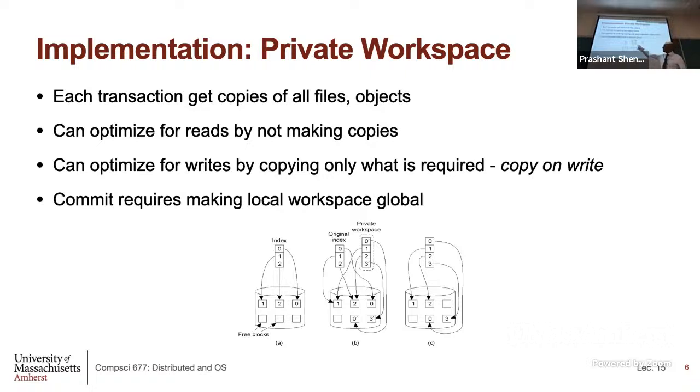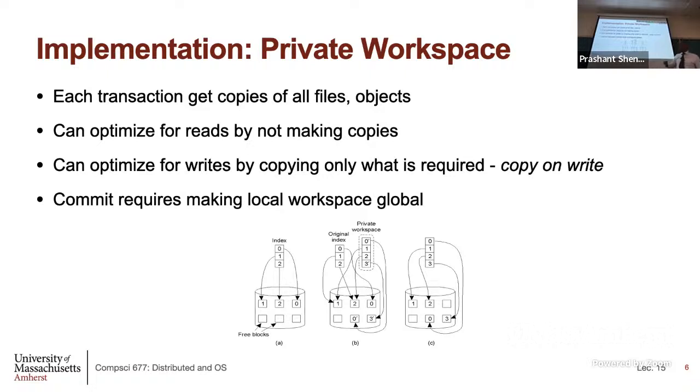So in any case, this is the private workspace making changes. And now if the database transaction wants to commit, you have to merge the changes, which means that 0 prime and 3 prime have to go back to the original database. So you will see now that the original database index has block 0 pointing to the modified block 0, which we call 0 prime here, and then a new block 3 has appeared.